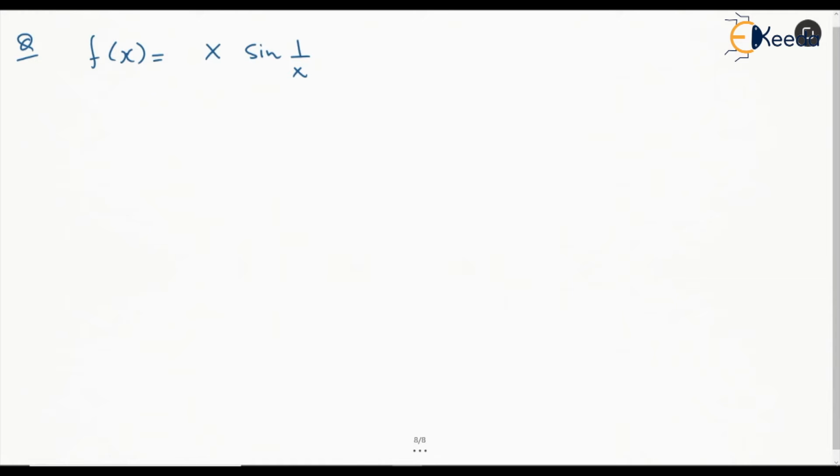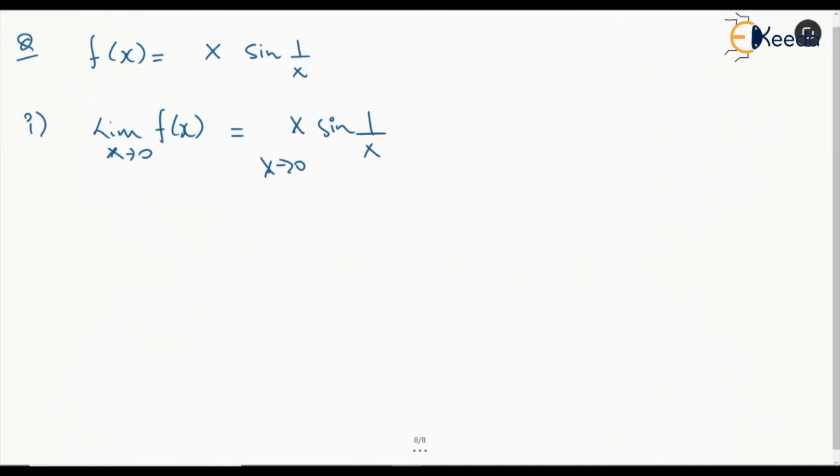The first question is limit x tends to 0 for f of x. So limit x tends to 0 will be x sine 1 by x for x tends to 0.